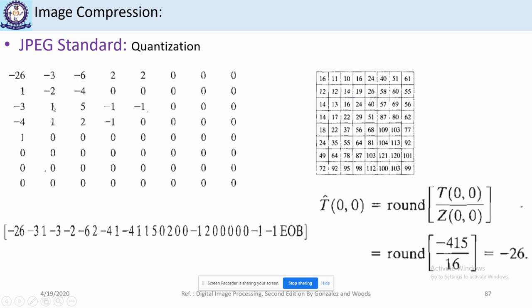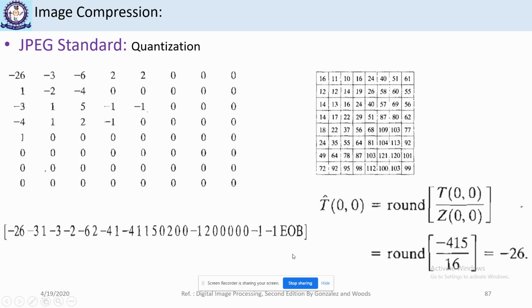minus 4, 1, minus 4, 1, 1, 5, 0, 2, 0, 0, minus 1, 2, 0, 0, 0, 0, 0, minus 1, minus 1, and after this, since all the elements are 0, we write the end of block, EOB, element.